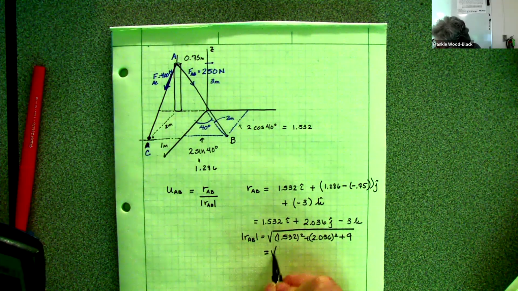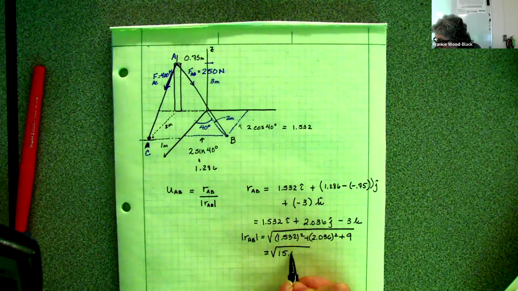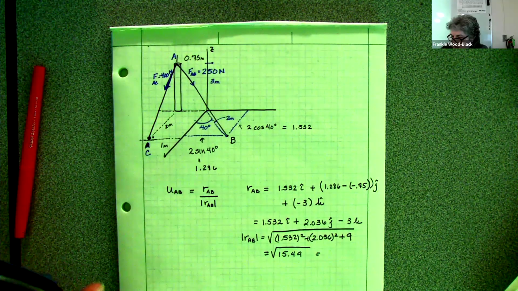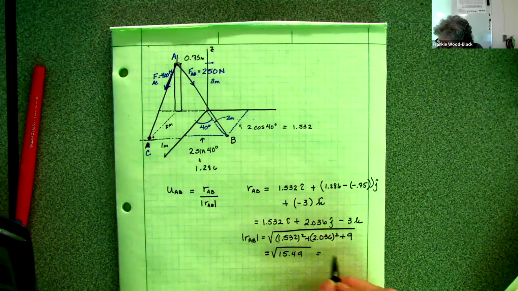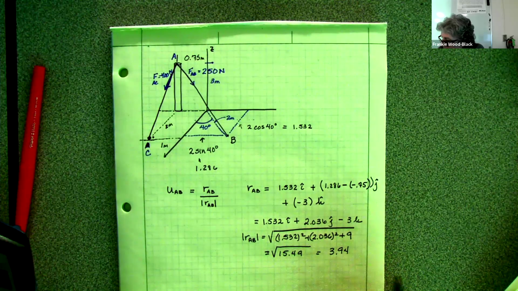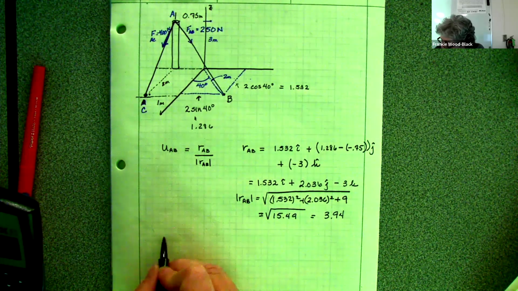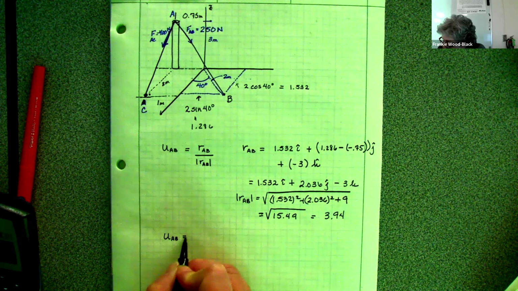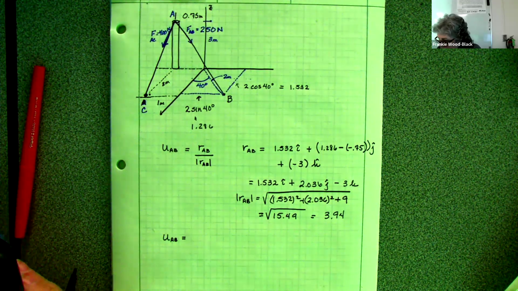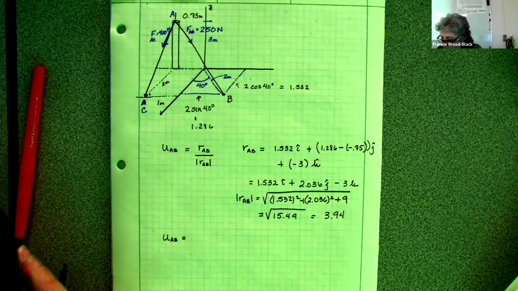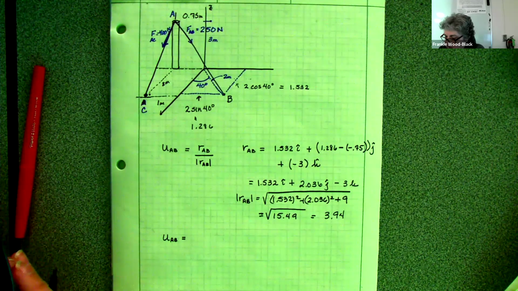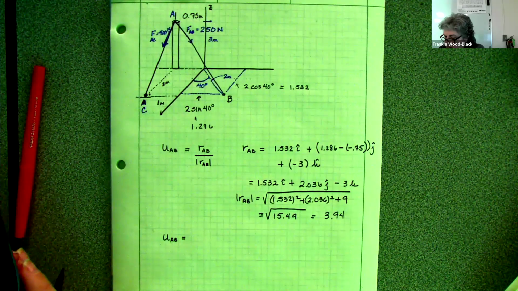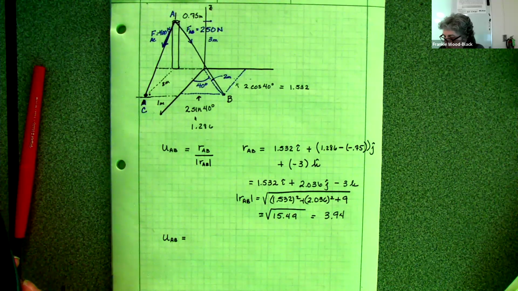So now I got to find the magnitude of RAB. I get the square root of 15.49. That's going to be 3.94. So now my unit vector AB is equal to 1.532 divided by 3.94.